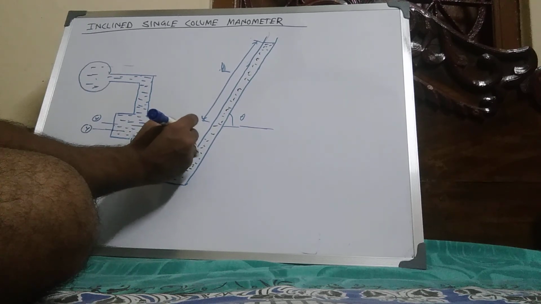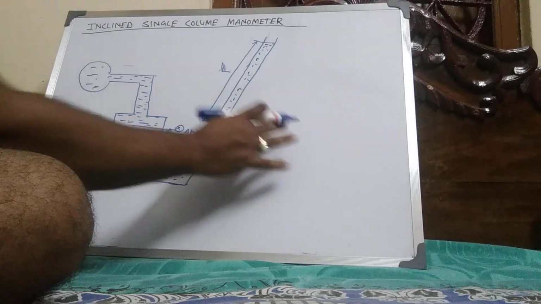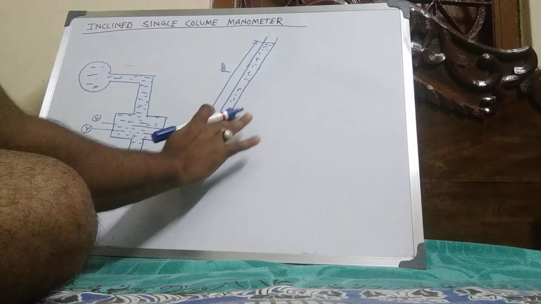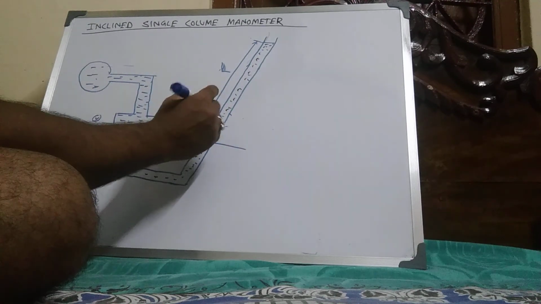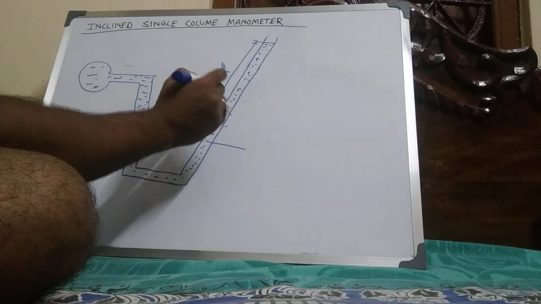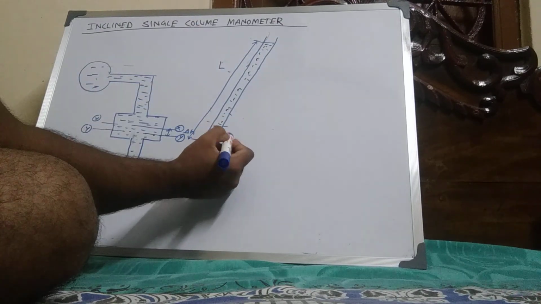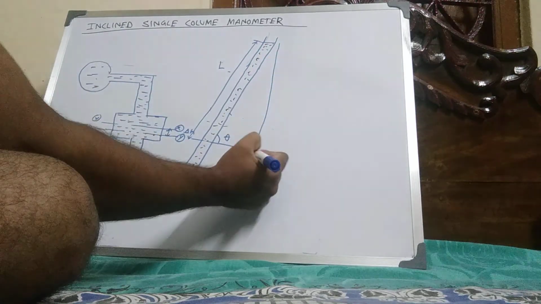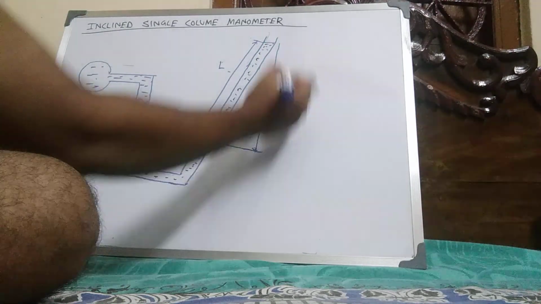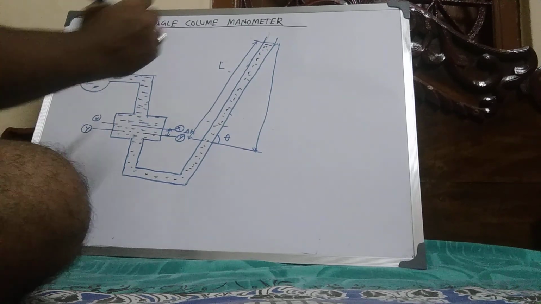This is delta h. This is the length L and theta, this is the height. This height is H1.